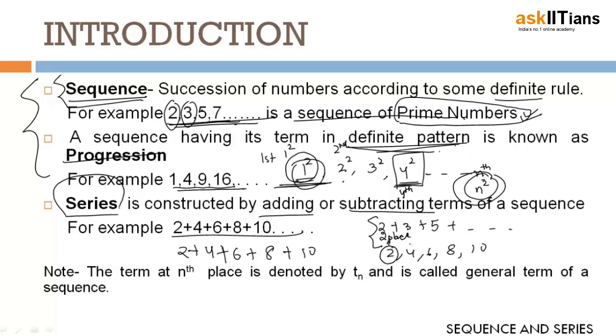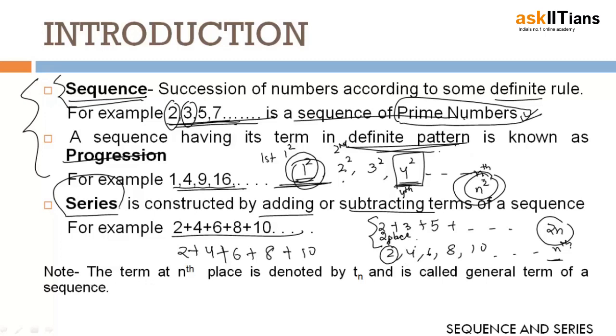By place value I mean the position. If I write the nth term here, it will be 2n, and don't worry, we will see how we form the nth terms. At this point you just need to understand that we are correlating the position with the value, with a formula or a function.